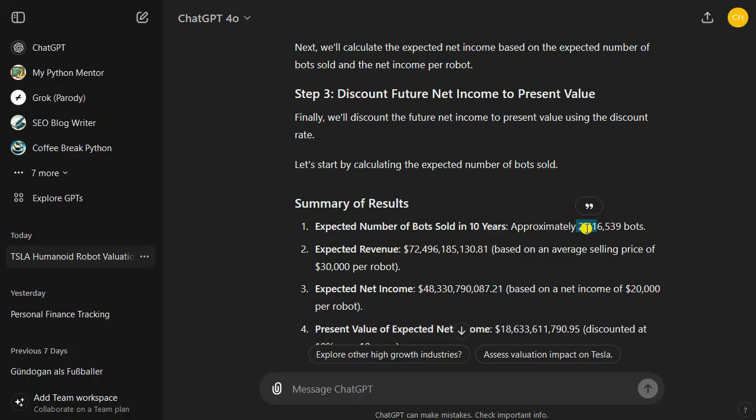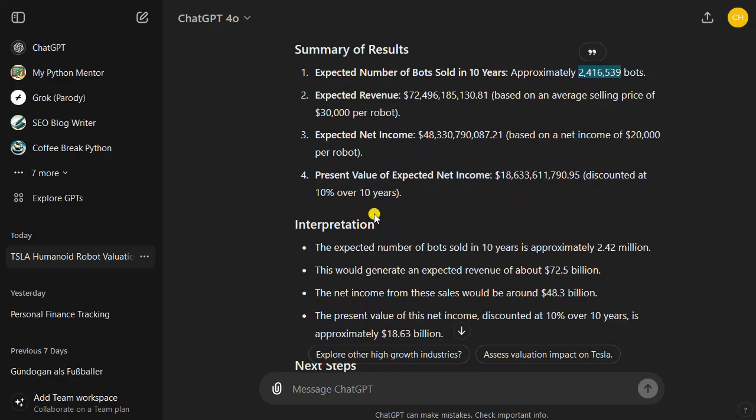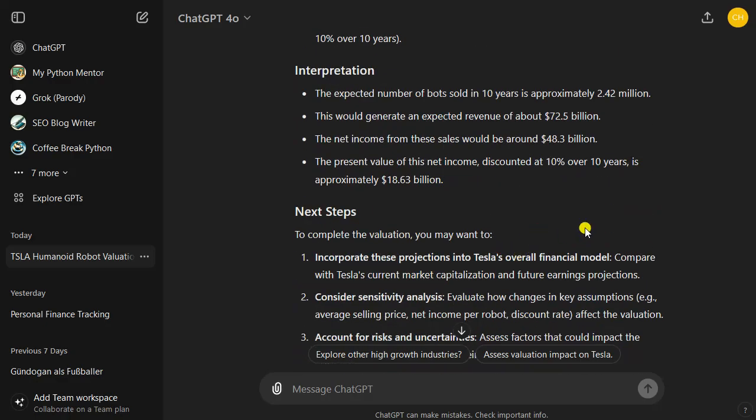And now we know the units. We know from the probability distribution the number of units we can plug into our model, 2.4 million. And now we have some assumptions of the selling price. These are just first principles assumptions, and the net income levels. And this gives us an expected net income of 48 billion in 10 years, or in today's dollars, using a 10% discount rate, which is also very conservative, of 18 billion.